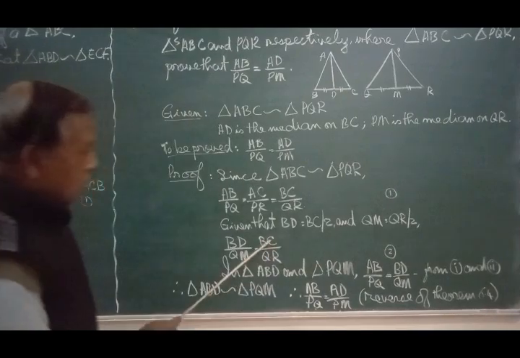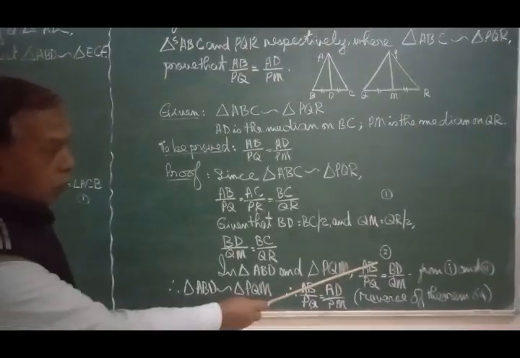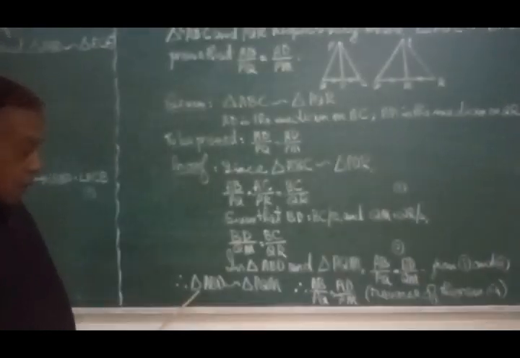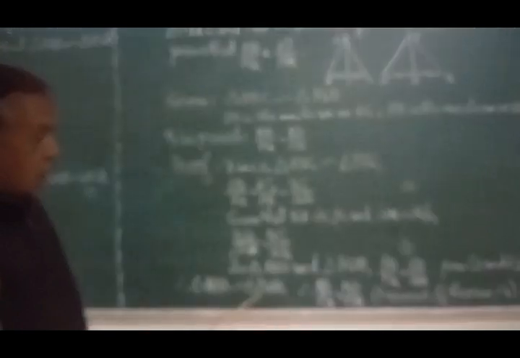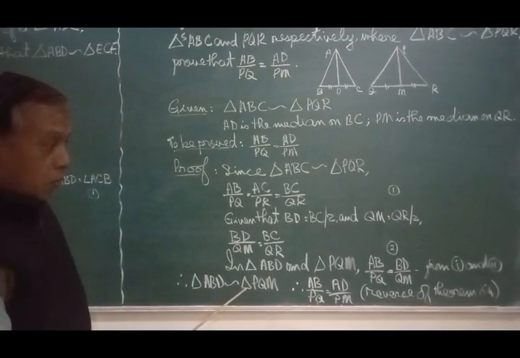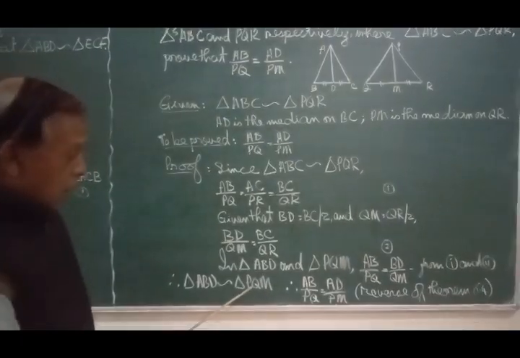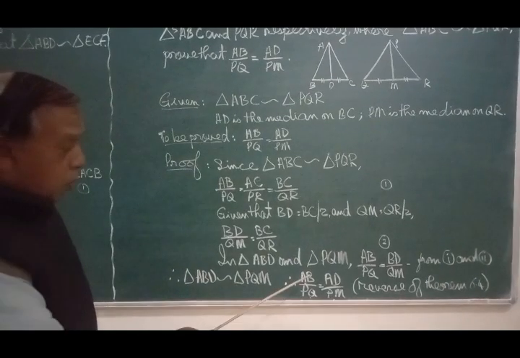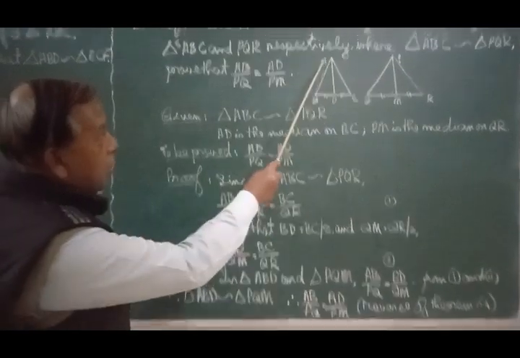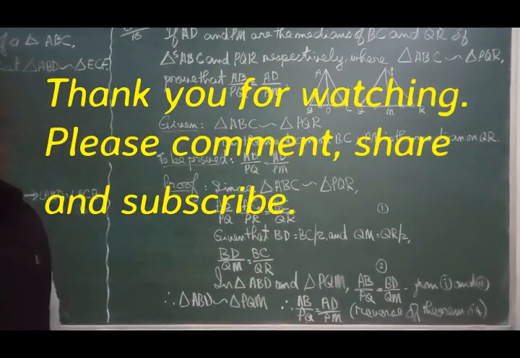And therefore the triangles are similar in all respects. And since the triangles are similar in all respects, we say AB upon PQ is equal to AD upon PM, what we are given to prove.